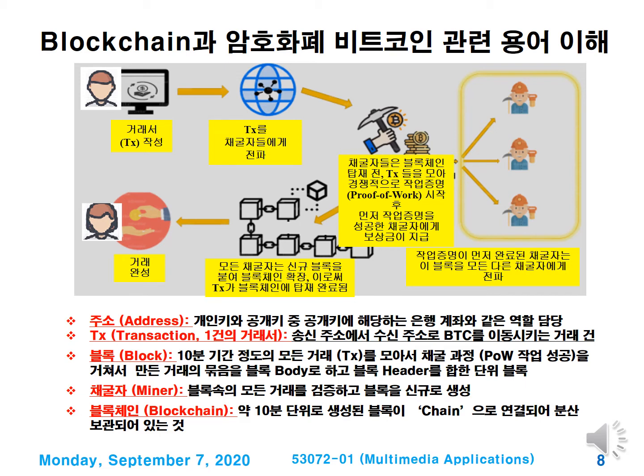Once a certain amount of TX is gathered, all the miners competitively start to do the mining process. That is proof of work.